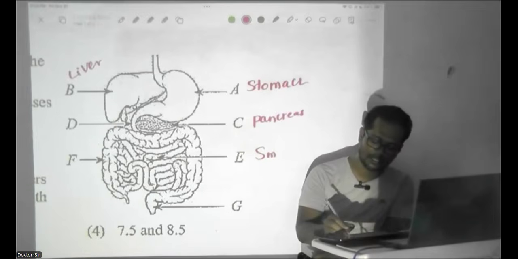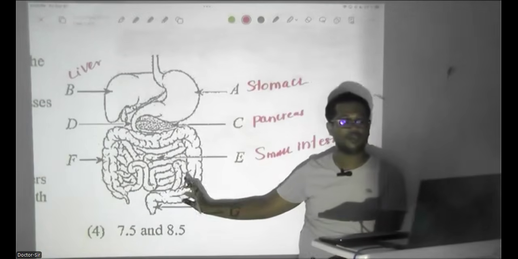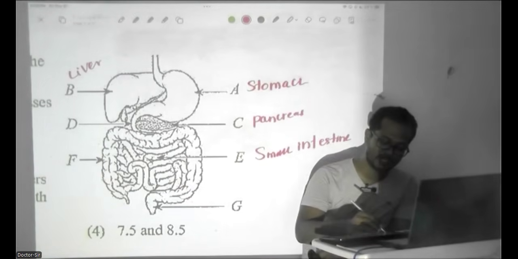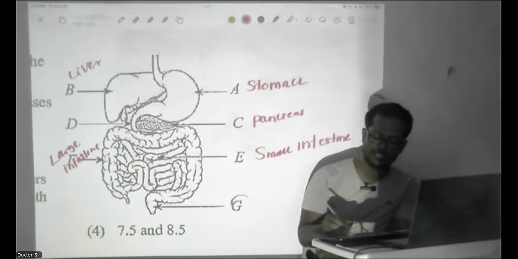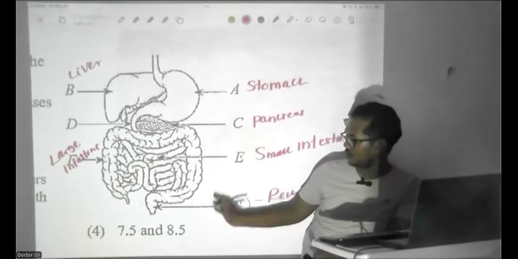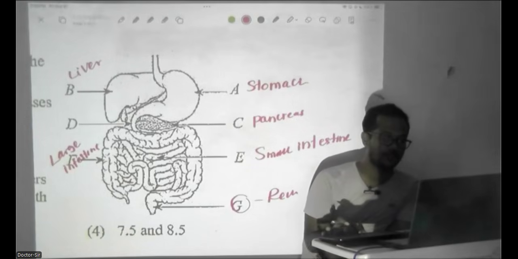F is the large intestine. Then what is this G? G is the rectum or anus. Okay, this is the rectum.